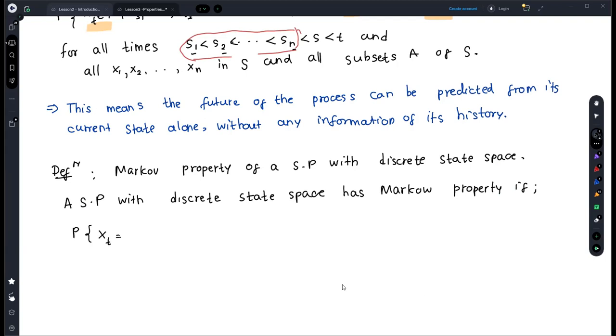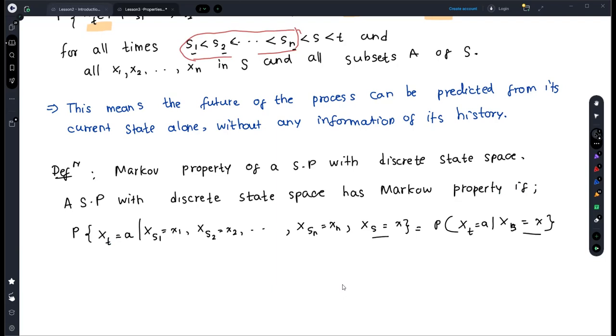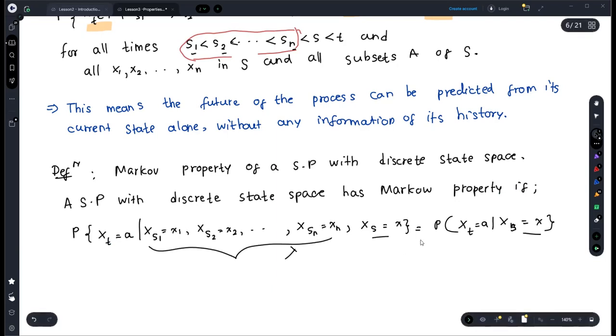So you can write Xt equals a, same thing as previous. That is the probability Xt equals a given, sorry, Xs equals x, only this state. All these previous ones, you don't need them, right?